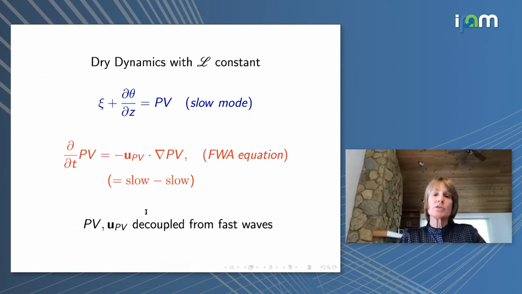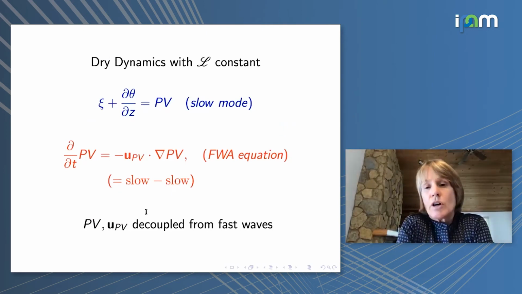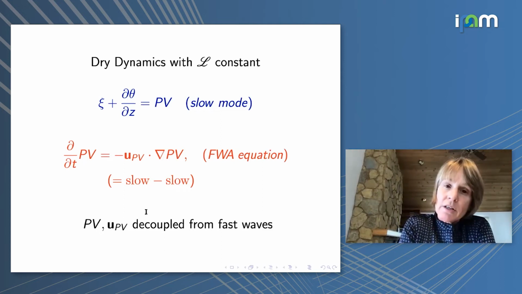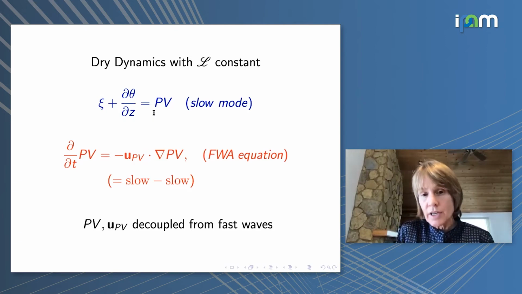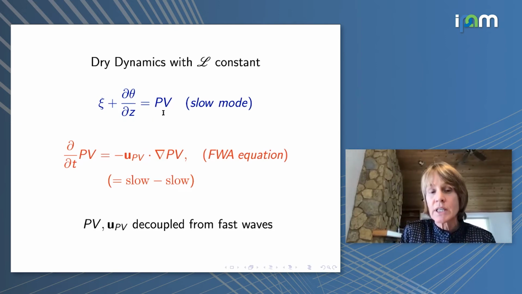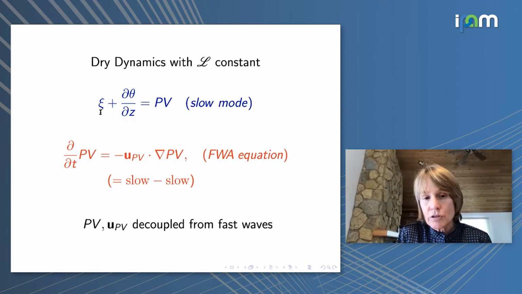In the case of dry dynamics, the operator L is linear, and in fact, it's constant. So one can carry out this method fairly straightforwardly using Fourier analysis. First, you have to find the slow modes. There is only one in the case of dry dynamics. It's called the potential vorticity, and it's the sum of the vertical vorticity and the vertical derivative of temperature, a very important quantity in atmospheric dynamics.